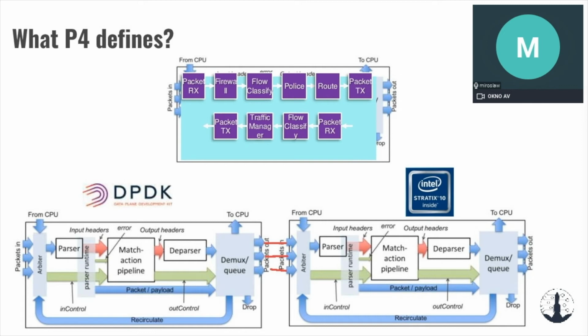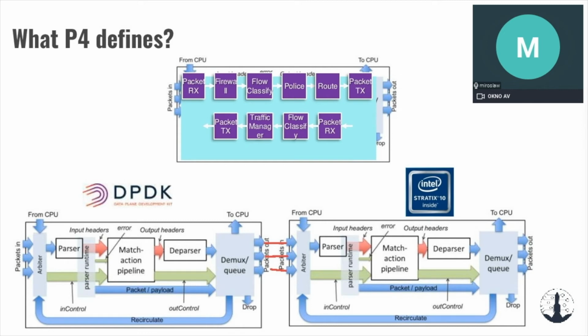If you work on networking design in FPGA, the parser is the way of extracting the protocols of the packet content, of the data content, into specific fields, which in the picture are called the input headers. These input headers are the input to the match action pipeline. This match action pipeline is the set of tables which decide where the packet, or the data extracted from the packet, should go to a defined action.